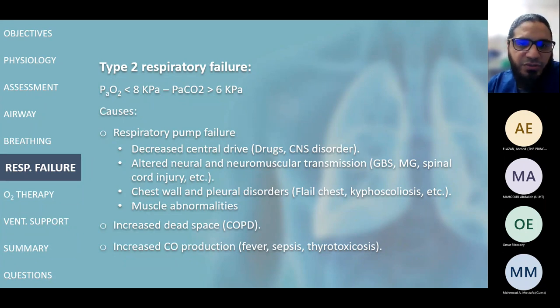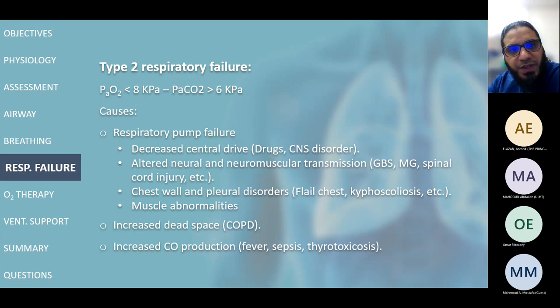It's either in the central drive, a CNS disorder, like in stroke and coma, where the patient is not ventilating well, or if he's under the effect of any drugs like morphine. If there is a neuromuscular problem like GBS, myasthenia gravis, or spinal cord injury, or if there is a problem with the chest wall and the pleural disorder like massive effusion or flail chest.